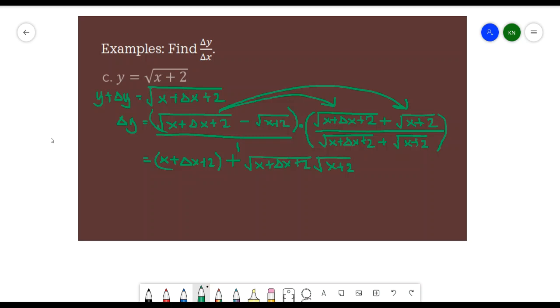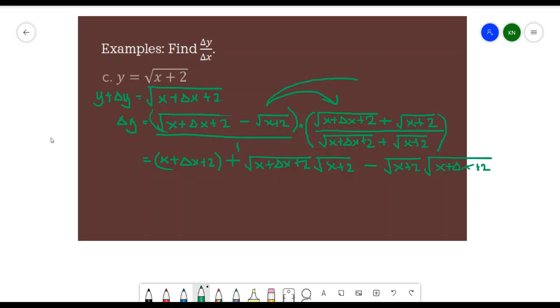And then we also have this one, so that gives us minus square root of x plus 2 times square root of x plus delta x plus 2.